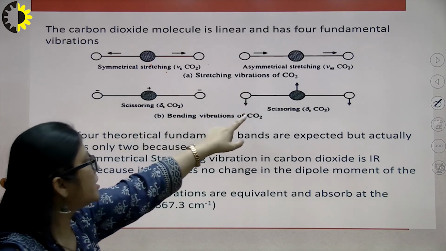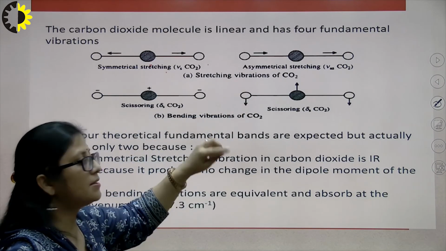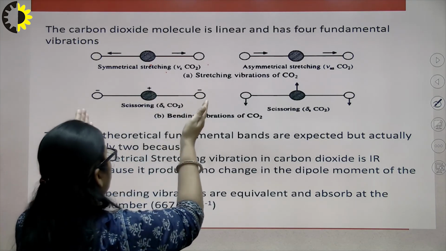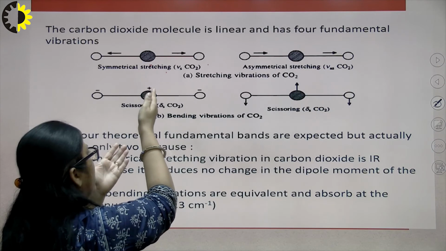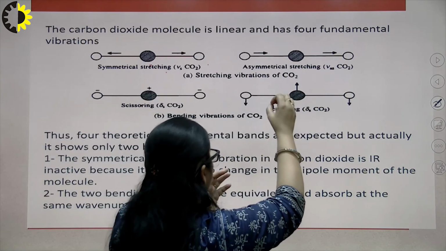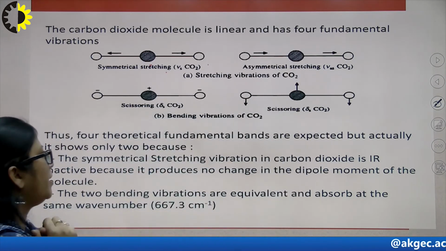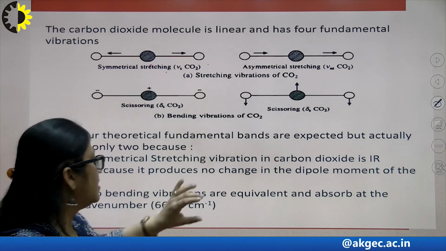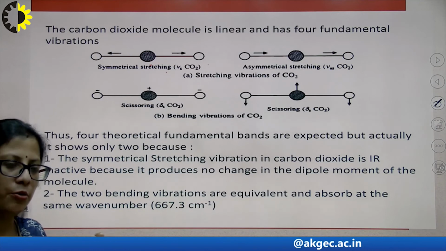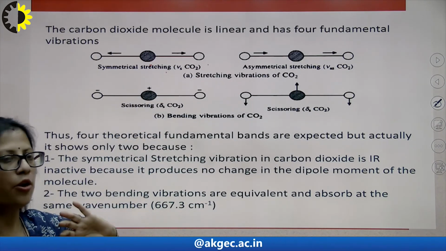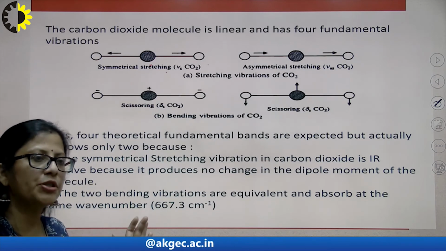And this scissoring of CO2, since they are same, when the carbon atom moves above, the oxygen will move below, or when the carbon atom moves below, the oxygen will move up. So, both scissoring vibrations occur at 667 centimeter inverse. So, they are going to overlap with each other. They are not going to behave like 2 different vibrations.